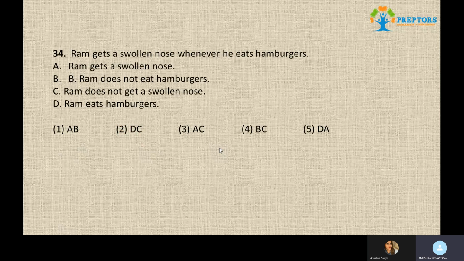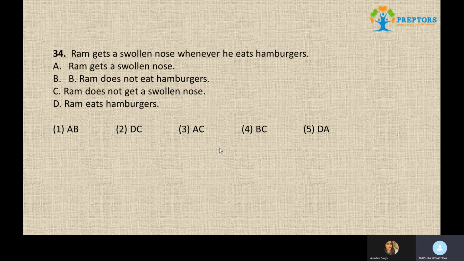Ram gets a swollen nose whenever he eats a hamburger. Now here, be very careful to identify what is the cause and what is the effect. Whenever he eats hamburgers is the cause, and he getting a swollen nose is the effect. So you negate the effect first by saying Ram does not get a swollen nose.